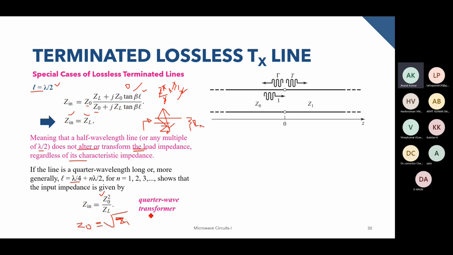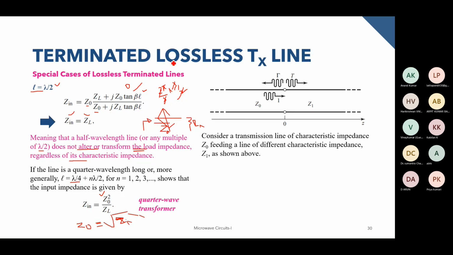You can then use this expression to match an input impedance of Zin and a load impedance of ZL using this quarter wave transformer by calculating Z naught. This will come in handy in future classes, and if you're working with microwave circuits.